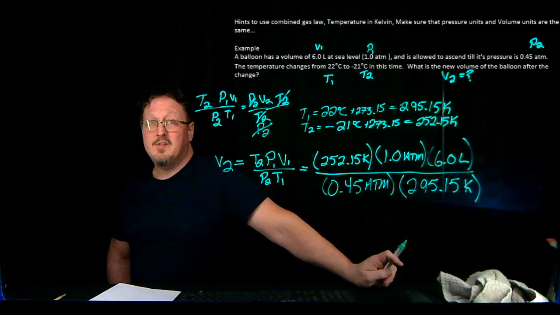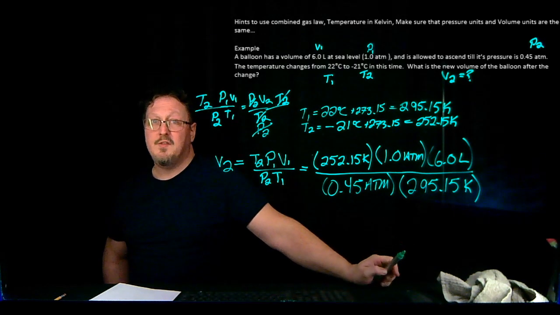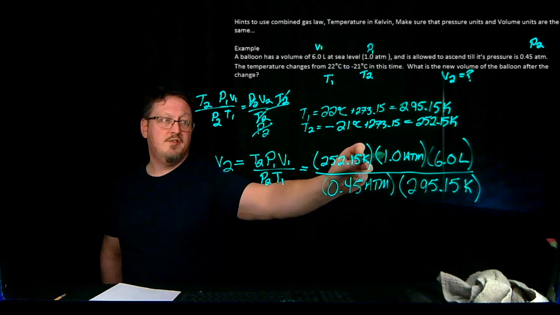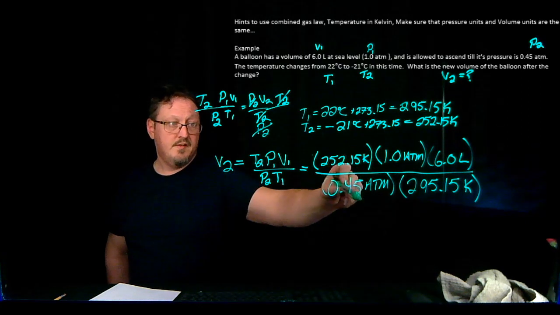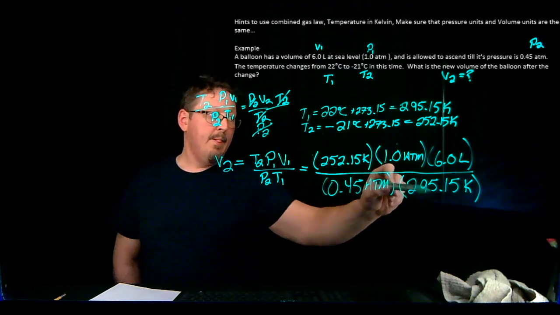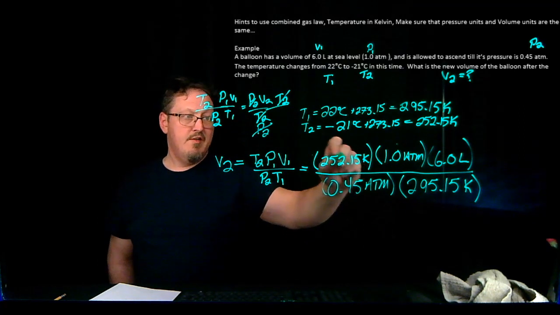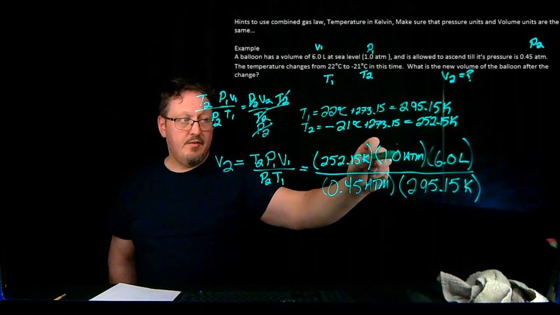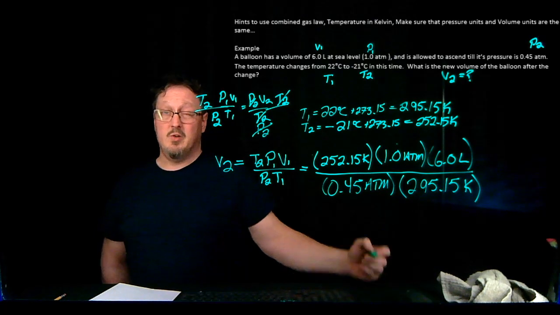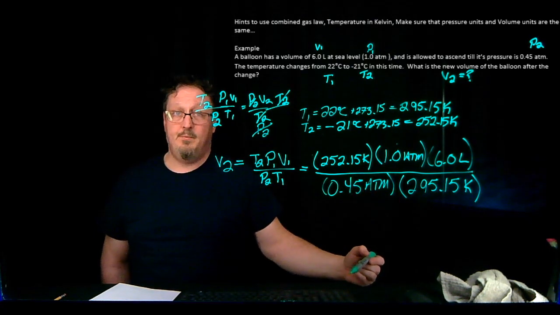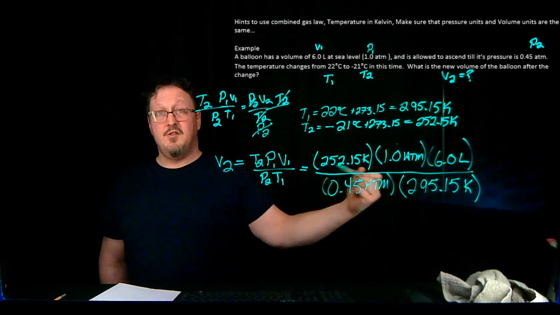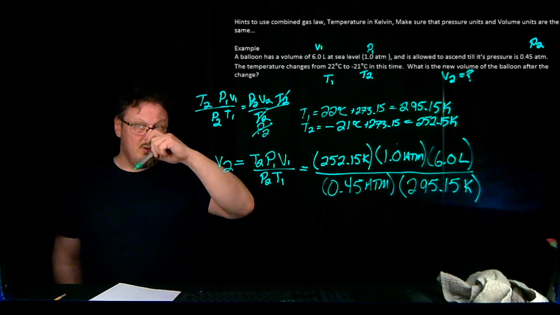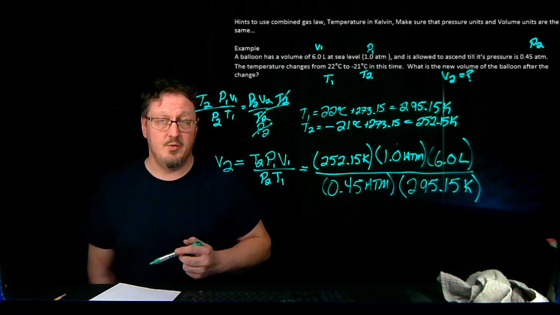If you look at just our atmospheres, we're going to be dividing, so our volume is going to end up getting bigger because this is roughly half. So I think it's going to get bigger, and I think that we're going to see a fairly large change. You just have to be able to look at the math and make sure that it makes some sense.